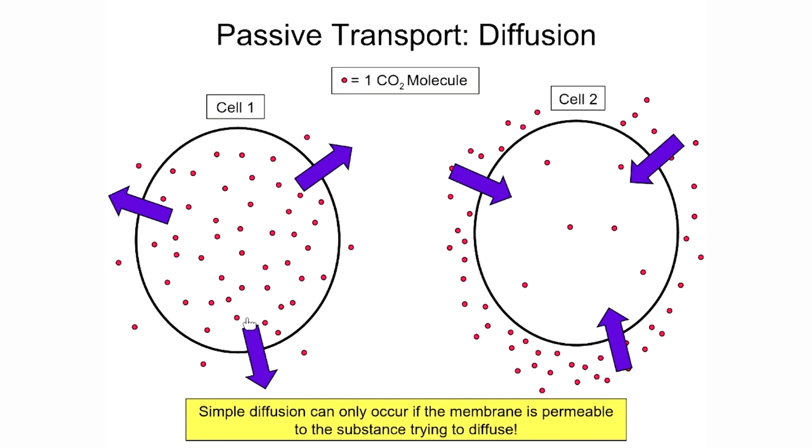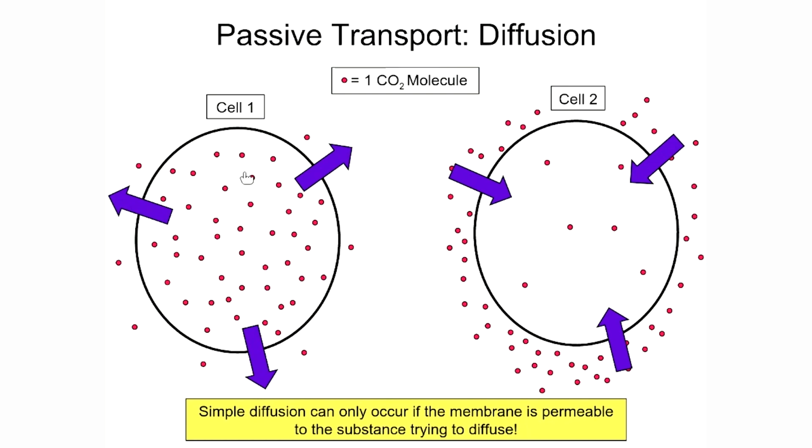So when we have an area of higher concentration somewhere, basically what's going to happen is that we've got these molecules inside of this cell that are moving randomly, and when they crash into another molecule in here, that tends to push them off in the opposite direction, and that tends to cause these molecules, when they're small and they're lipid soluble like carbon dioxide is, to actually move across the cell membrane from an area where they're more highly concentrated to an area where they're less highly concentrated.